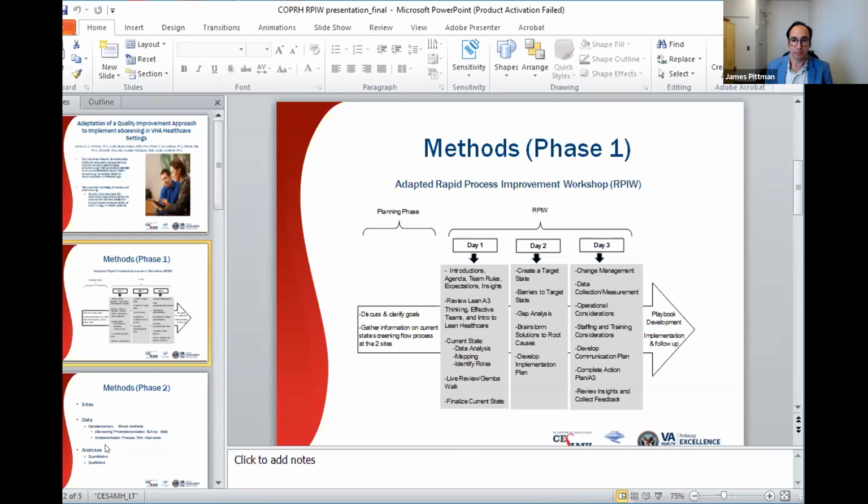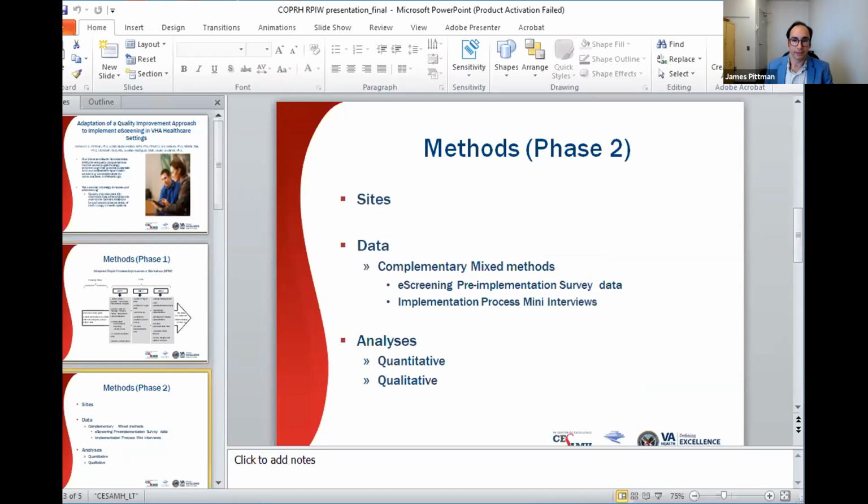So our next step was to pilot this process in 2 new e-screening sites. We had 2 different sites that had expressed interest in implementing e-screening, and we combined our RPIW blueprint with some facilitation and a site visit, and then we essentially implemented in these 2 sites.